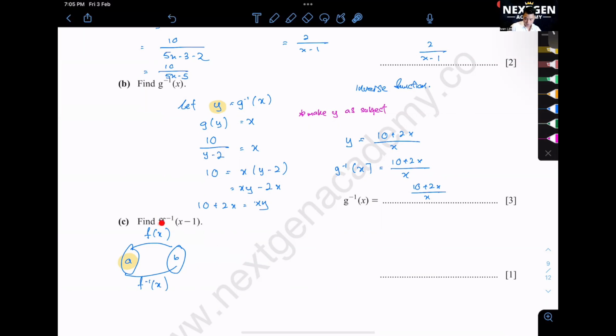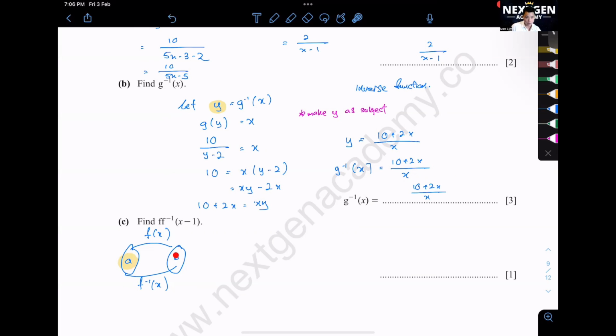This is the meaning of if I do f(x), then I do f inverse x. What's the answer for this? x, or 1, or x minus 1? Which one is the answer? What do you all think? 1 mark only, no calculation needed actually. This is just the explanation of it. If my input is x minus 1, then you go here.